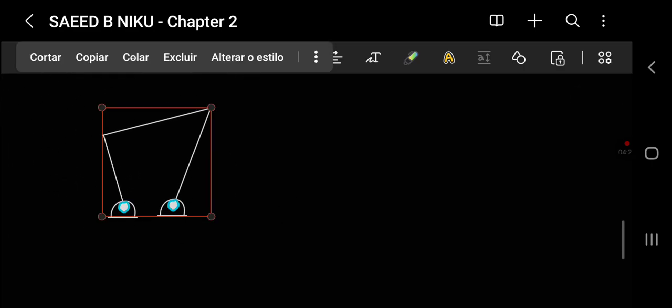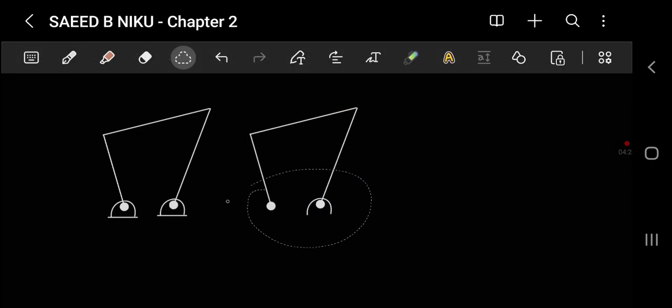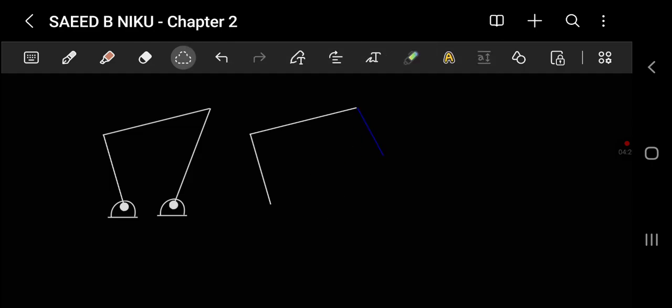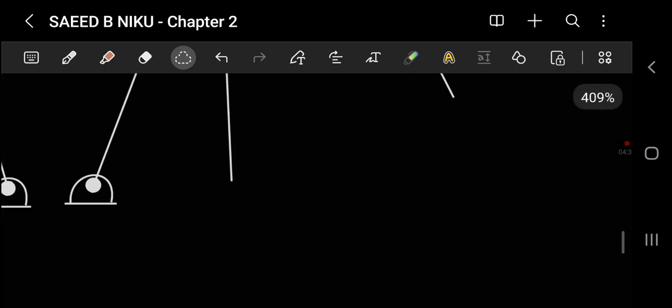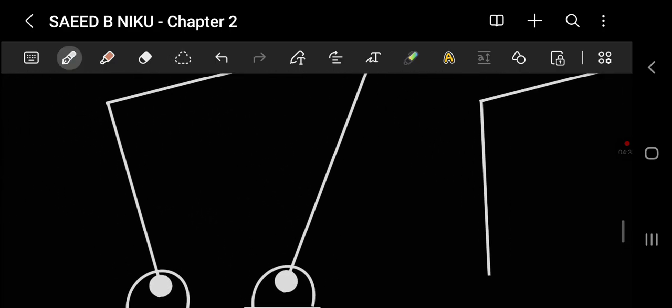And we also got a 4-bar, but now this is a robot as in moving.